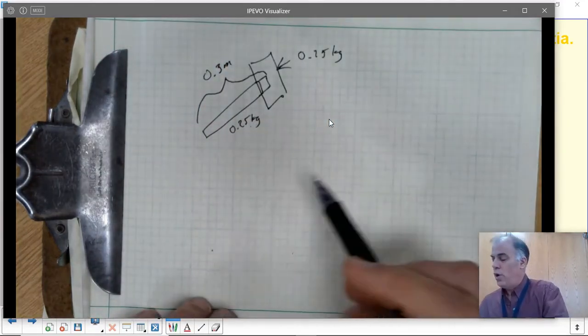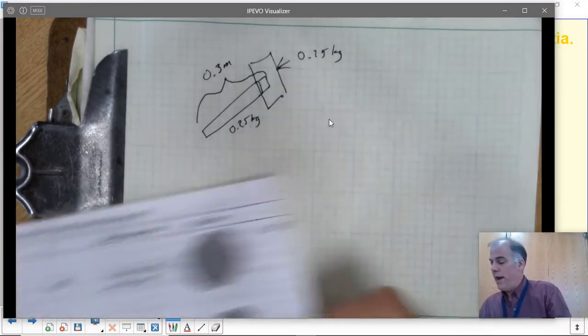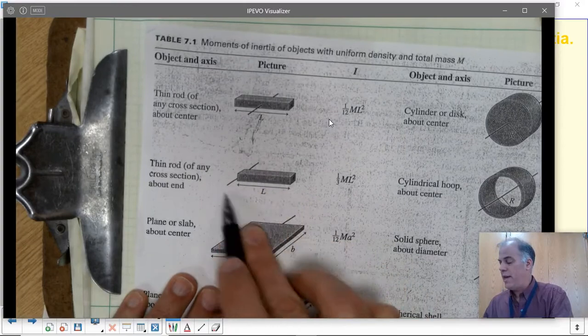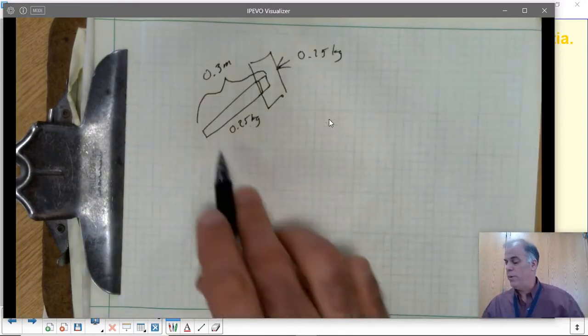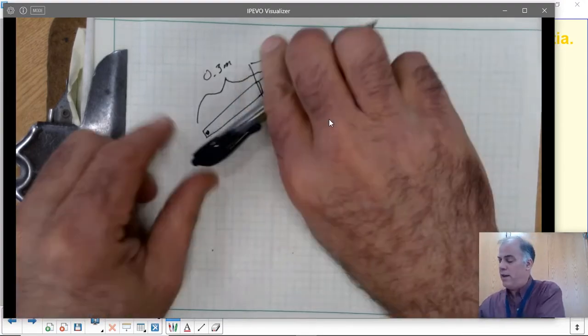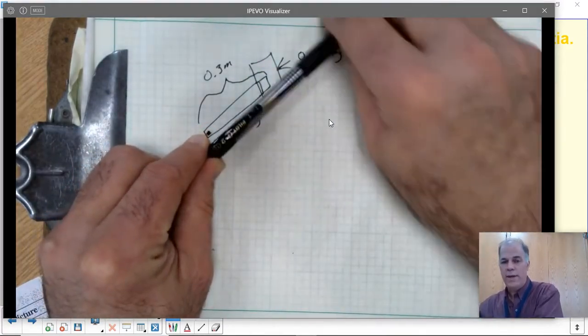Okay, so we don't have a formula for a hammer, but we do have a formula for a stick which we swing from the end. And when we swing a hammer, we can approximate that as saying that we are pivoting it from this point and making it swing like this.